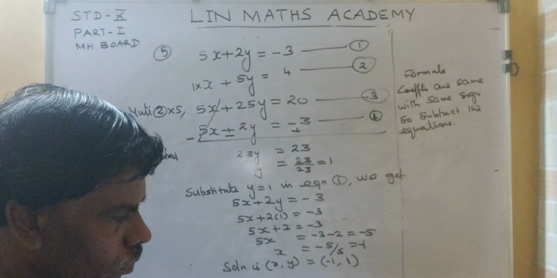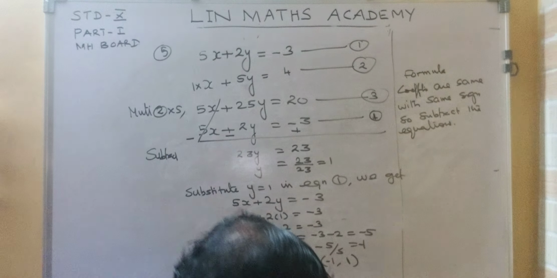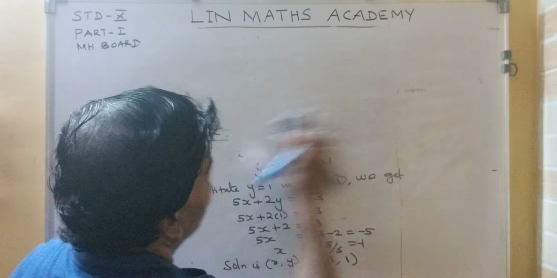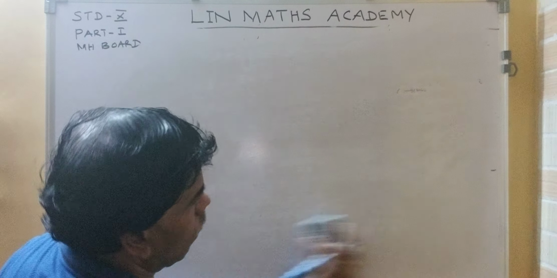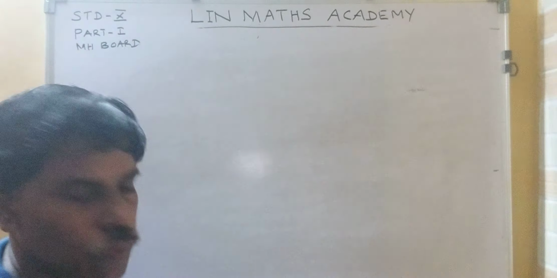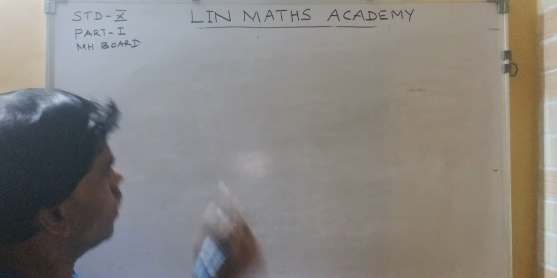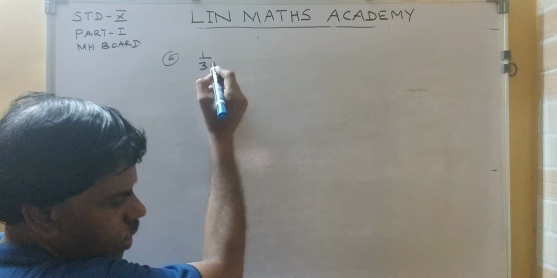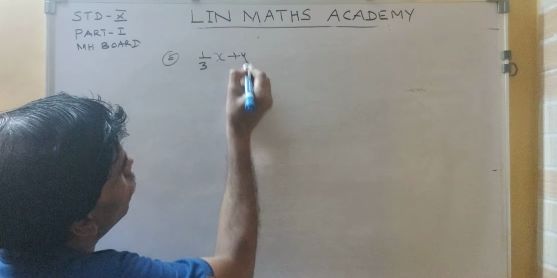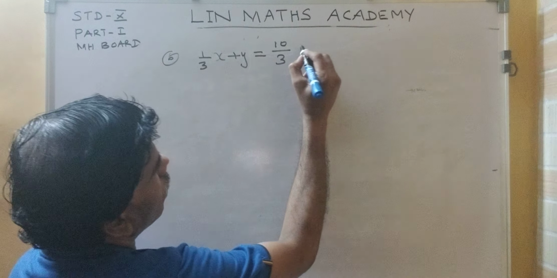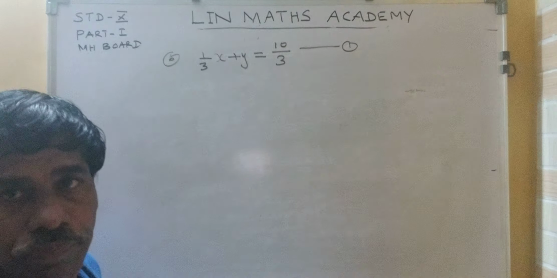Now, we are going to solve a little different type of sum. Okay? Little different type. Right? What is that? Now, you see 6th sum. 1 by 3 x plus y equal to 10 upon 3. It is equation number 1.